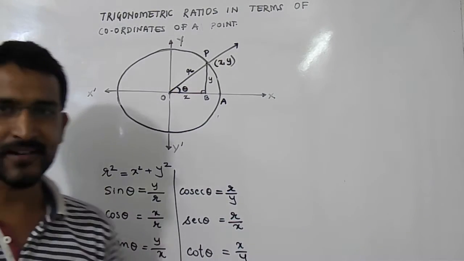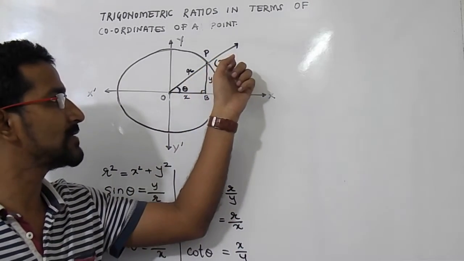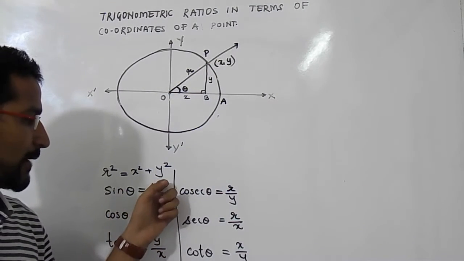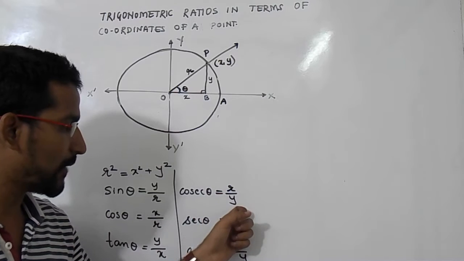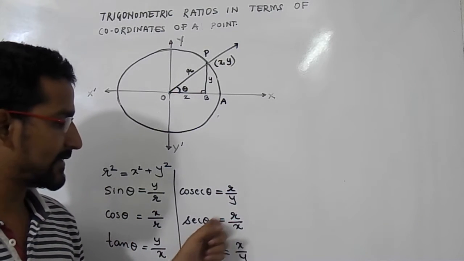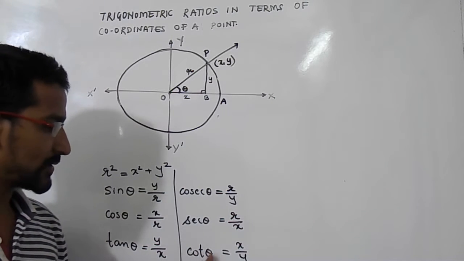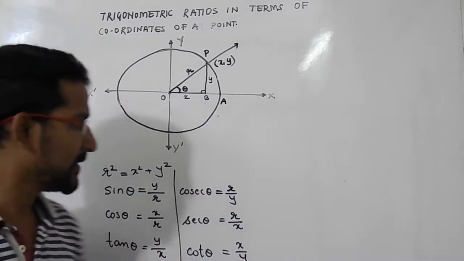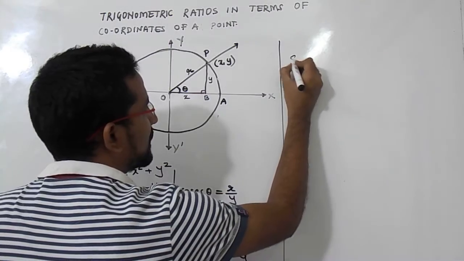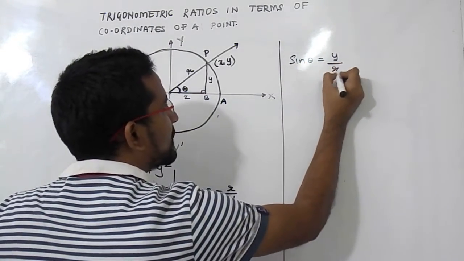So these are the six functions in terms of the coordinates x, y of a point and the radius of that circle. So sin theta is y by r, cosec theta is r by y, cos theta is x by r, sec theta is r by x, tan theta is y by x, and cot theta is x by y.